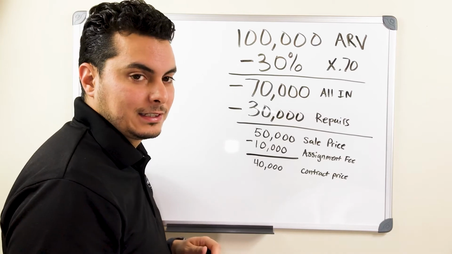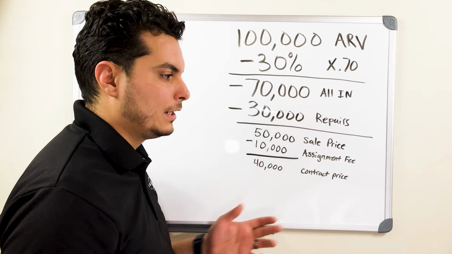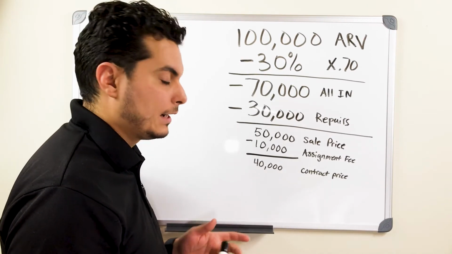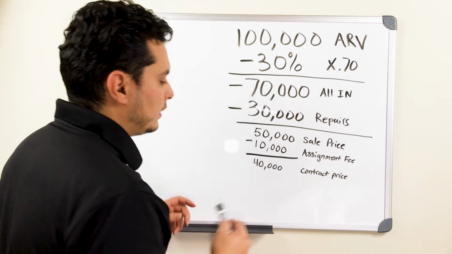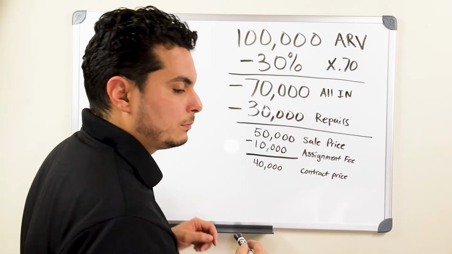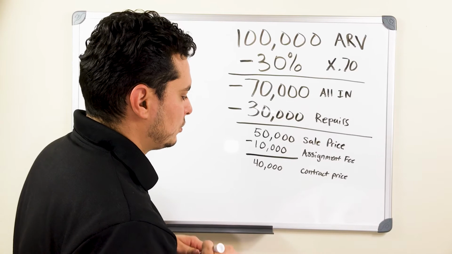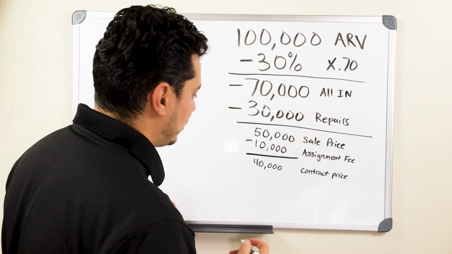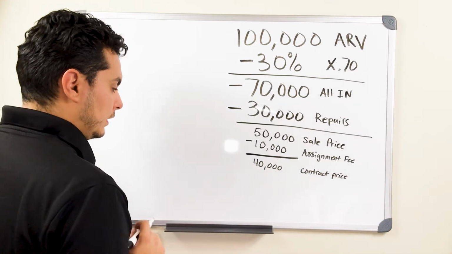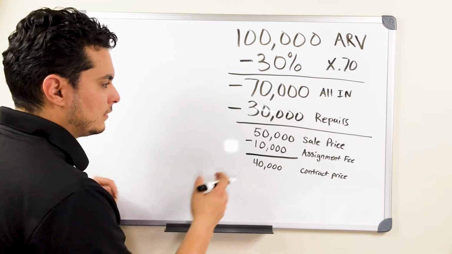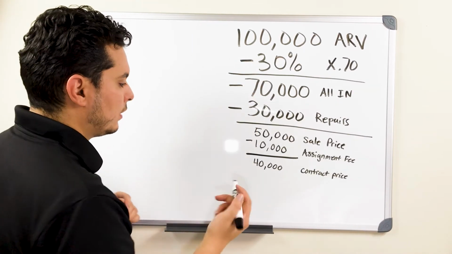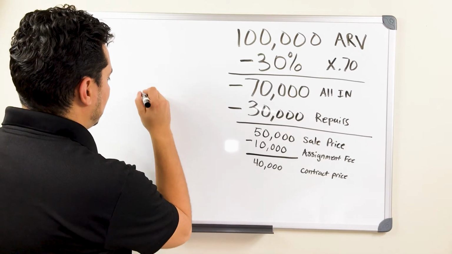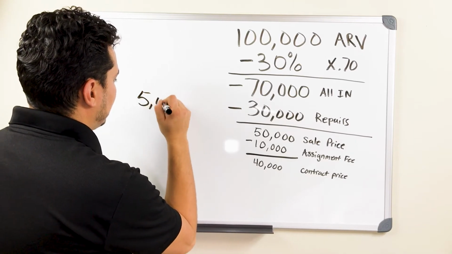Now, as far as tax delinquents or anything else that has to be added in there, basically the $40,000 has to be able to cover all that. So just as an example, if the owner owes more than $40,000, this is not going to work. But let's say they have $5,000 in back taxes.